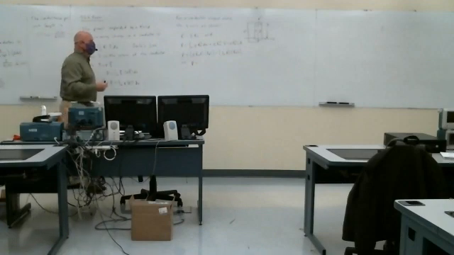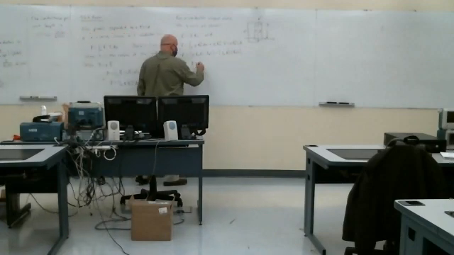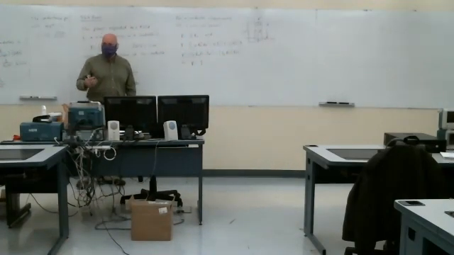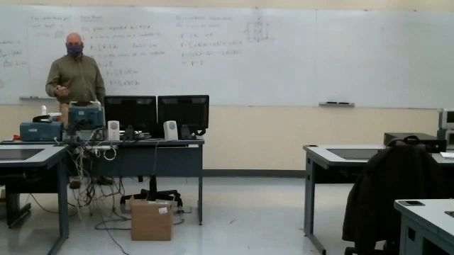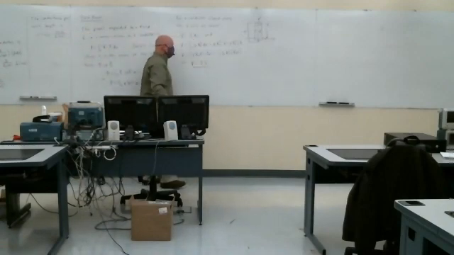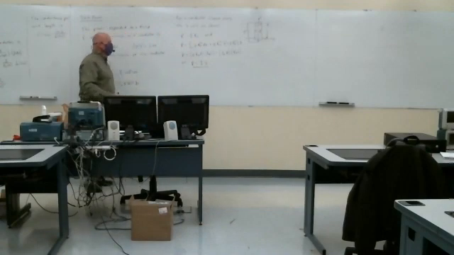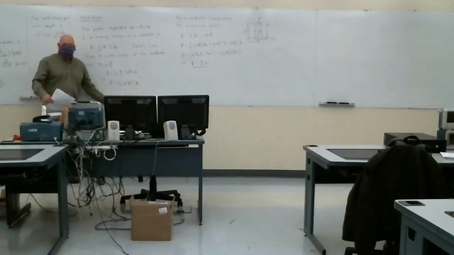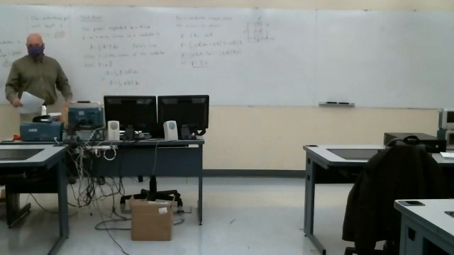So JZ times A is the current flowing through the conductor. And EZ L, our electric field intensity times the length, is voltage. So for this conductor, this electromagnetic formula for power reduces to the form we're familiar with from circuits, just I times V.